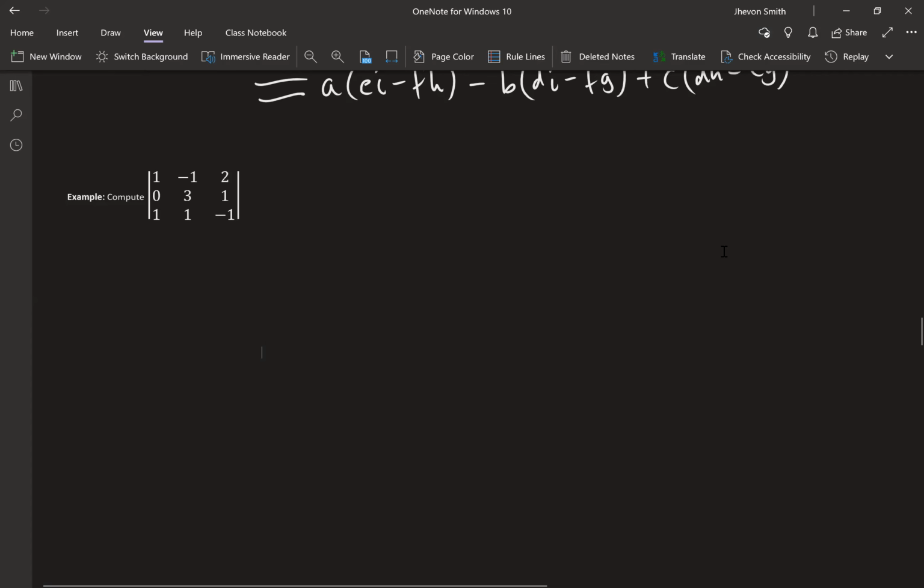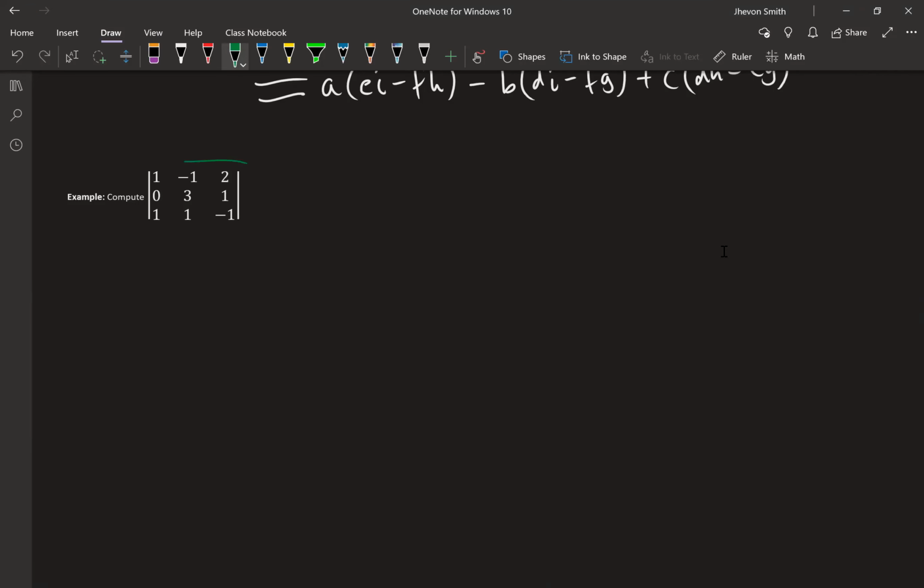Again, we're going to expand along the first row. So I'm going to look here. Plus sign, minus sign, plus sign. So this is going to be +1 times some 2x2, minus a -1 times some other 2x2, plus 2 times a 2x2.